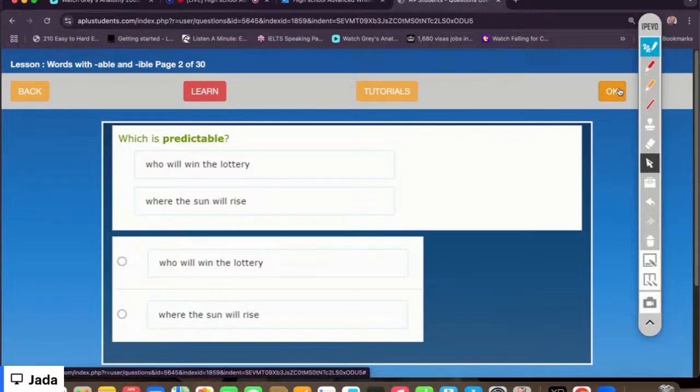So, which is predictable? Who will win the lottery or where the sun will rise?